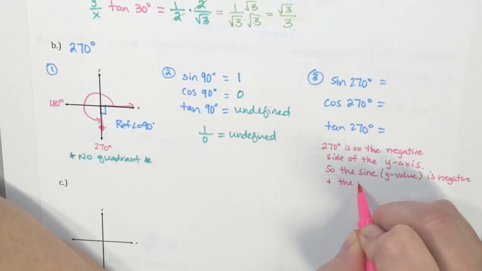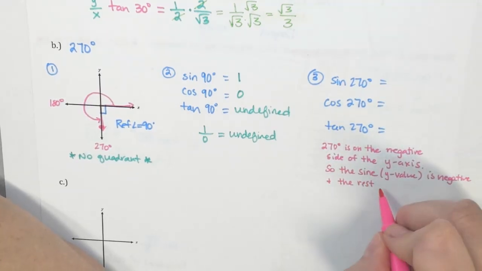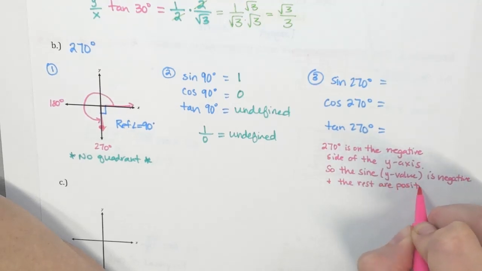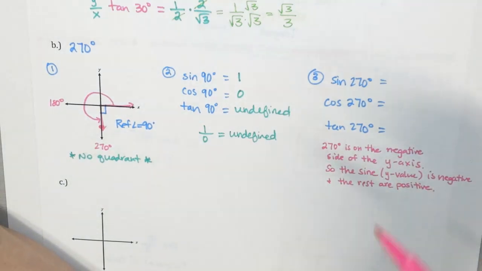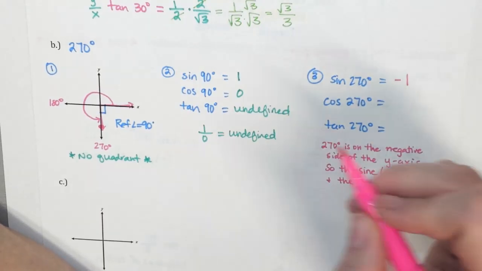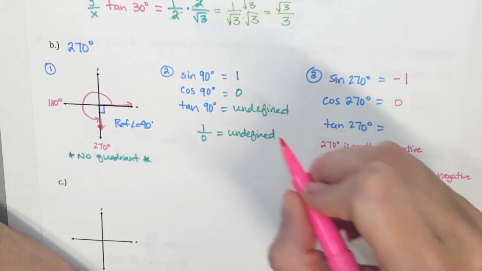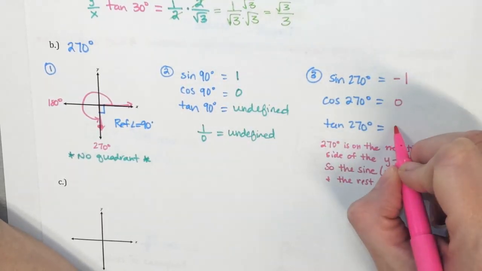And the rest, yep, this is the same, which is positive. Okay, and then just understand that sometimes it might be something stays positive and then the rest are negative. Just depends on what you have. Okay, so the sine is negative, so it becomes -1. 0 is going to stay 0, and then this is going to stay undefined.